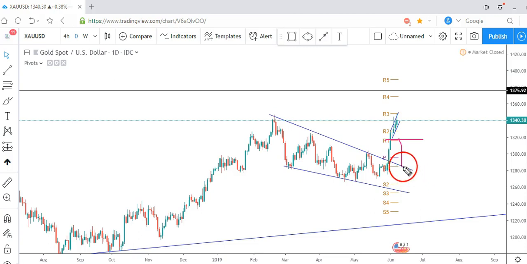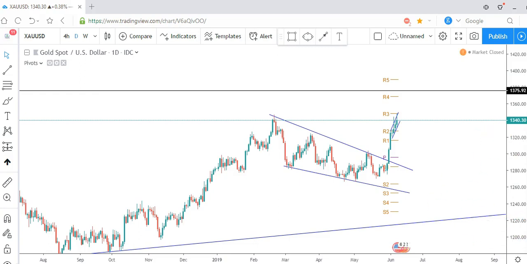Then after that move, you have to wait and see what price will do on this zone before taking your next trade. So that is swing trading. That is how you swing. After doing your analysis, you just catch that swing.